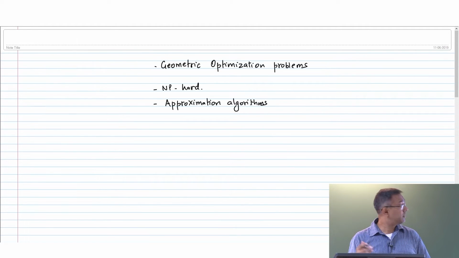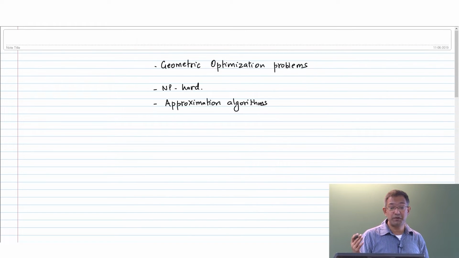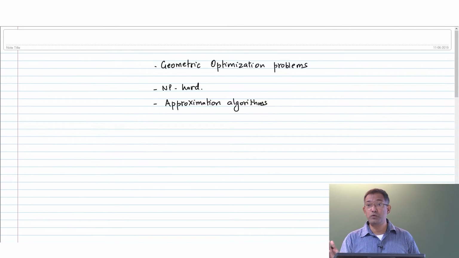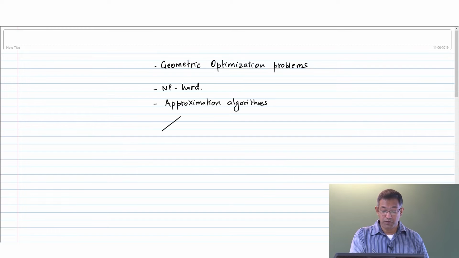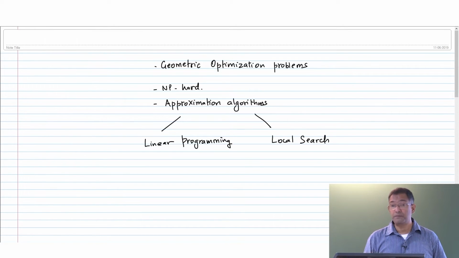Now, there are several techniques. I will define what approximation algorithms are. There are several techniques to design approximation algorithms, and also for geometric problems, but we are going to focus specifically on two kinds of techniques. One is based on linear programming, and the other is based on what is called local search.